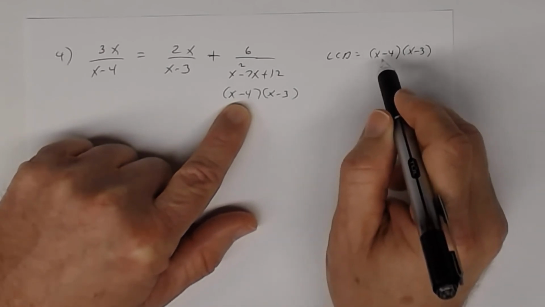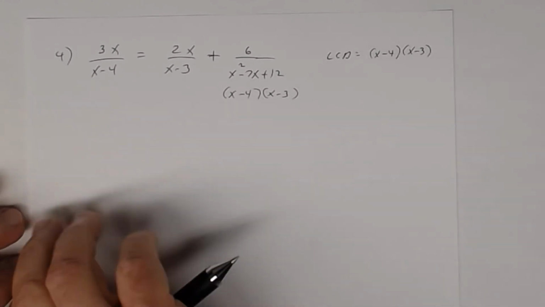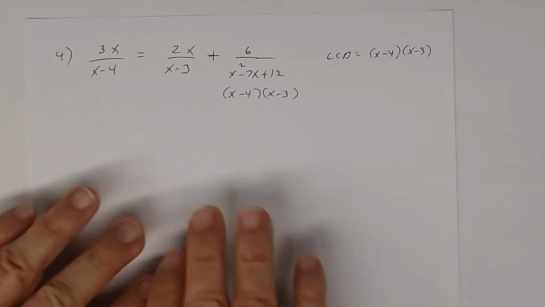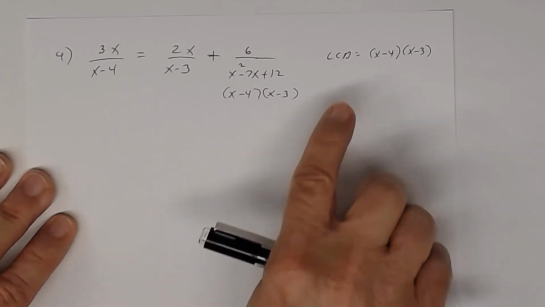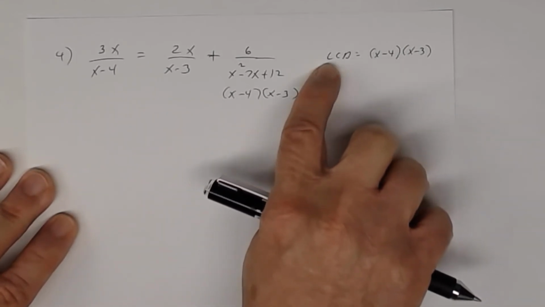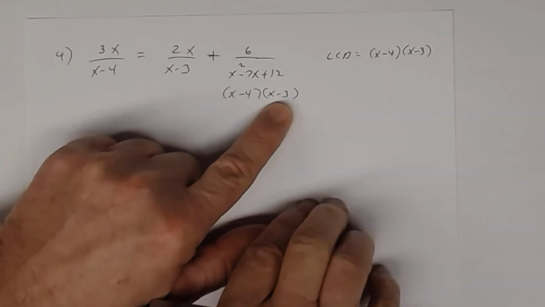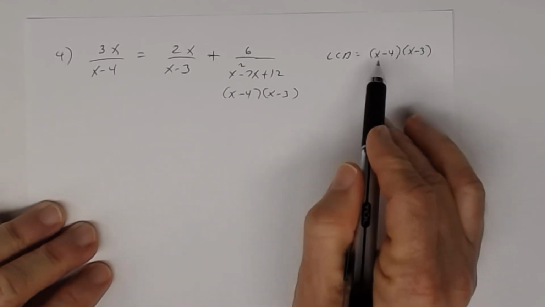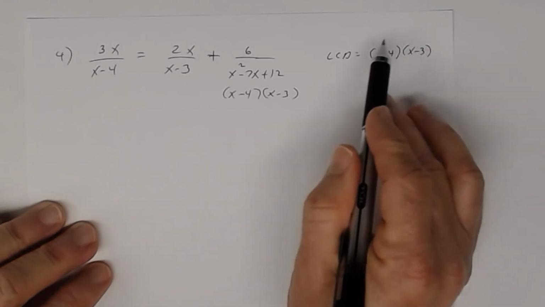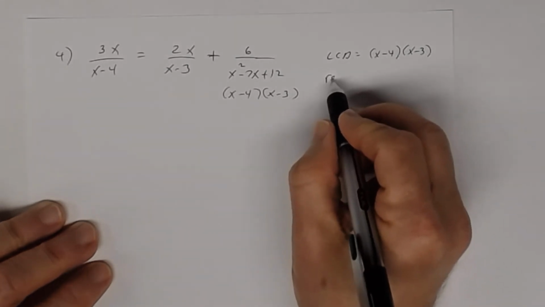Don't list it again, because then it's no longer a least common denominator, and it'll make this whole process so convoluted you're going to have difficulty. Only use the least common denominator. And the next one is x minus 3, which I already have. So my least common denominator is the product x minus 4 times x minus 3.